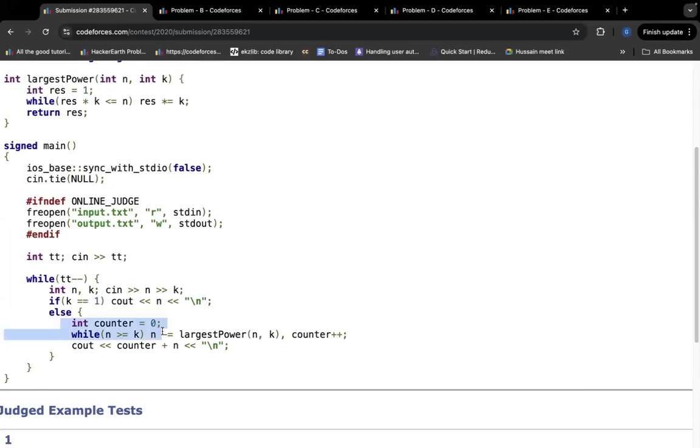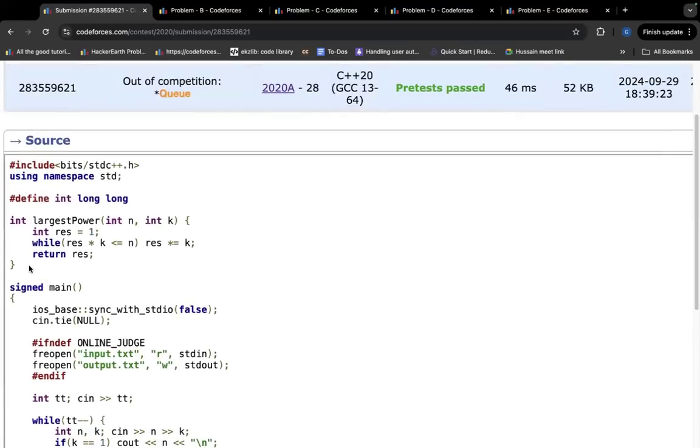Apart from this, we have a counter. While n is greater than or equal to k, we find the largest power of k which is smaller than or equal to n. You can see right here. How am I computing it? I have my result as 1.